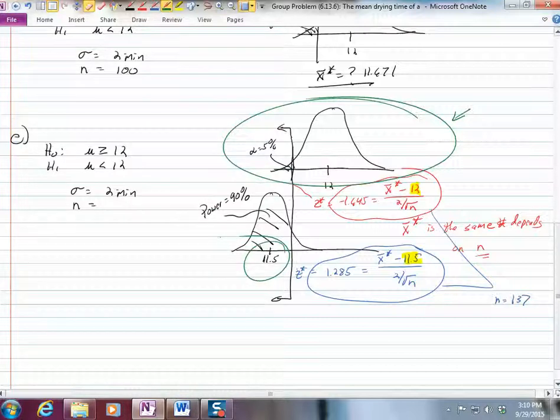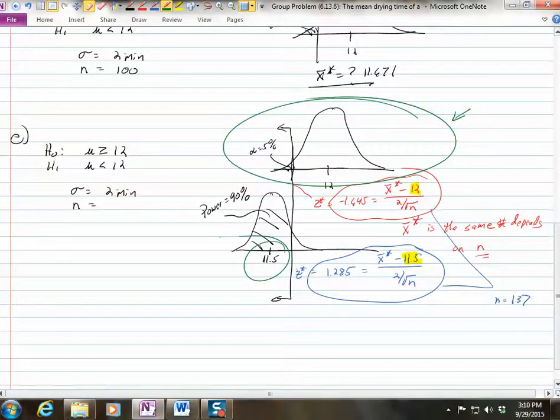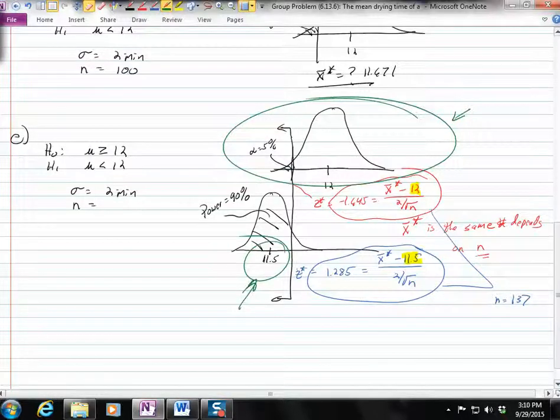Remember we talked about statistical significance and statistical importance, and I said, if some effect we're trying to discover is this big, we want to set up our test so that it detects differences this big. And when I say this big, that would be this 11.5.